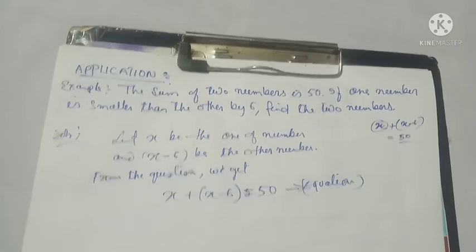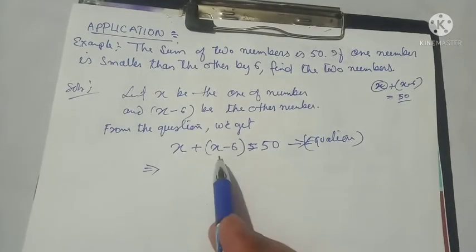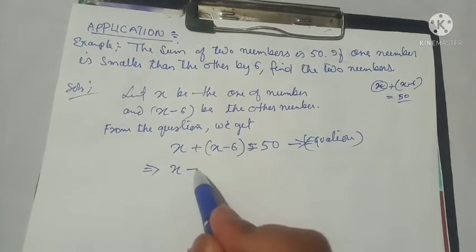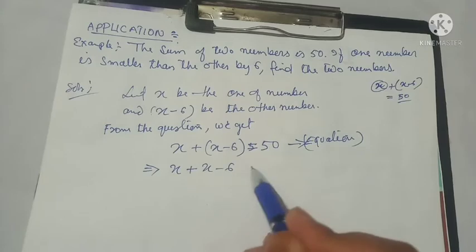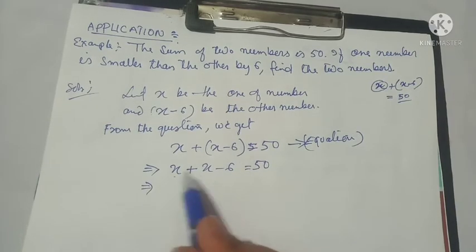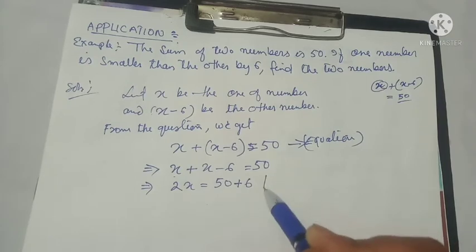Okay, so after getting the equation, we have to find the value of x. x plus x minus 6 equal to 50. Now x plus x equal to 2x. Now this 6 will go to the right hand side, and the sign will change.